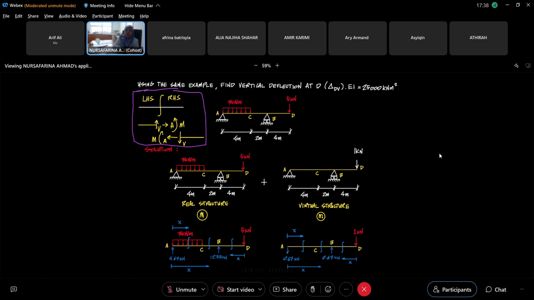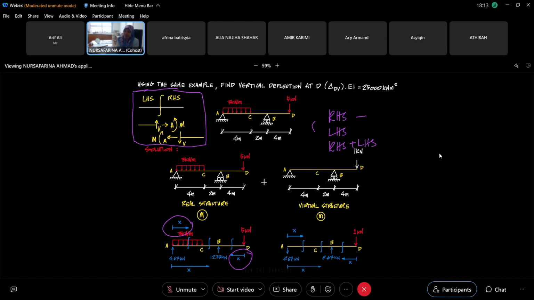To find the moment equation, it is up to you. You can start from the right hand side and do all from the right hand side, or all from the left hand side, or right hand side plus left hand side. It is not wrong. You decide. I will not fix any direction of cutting the section.